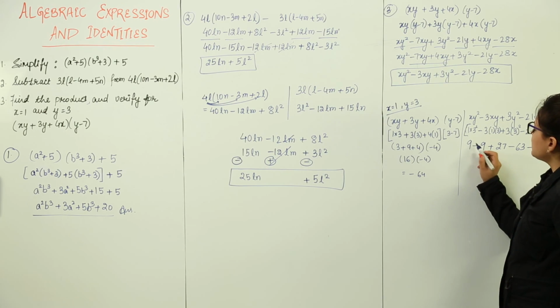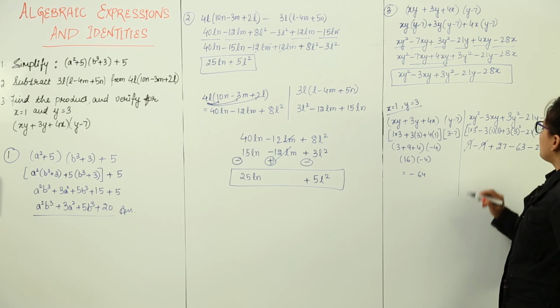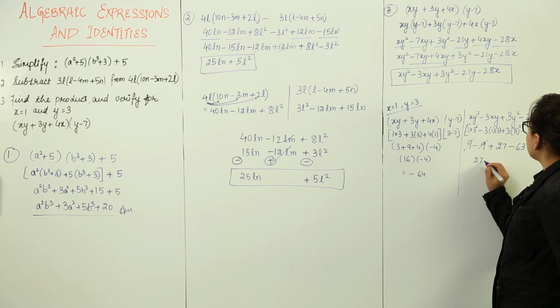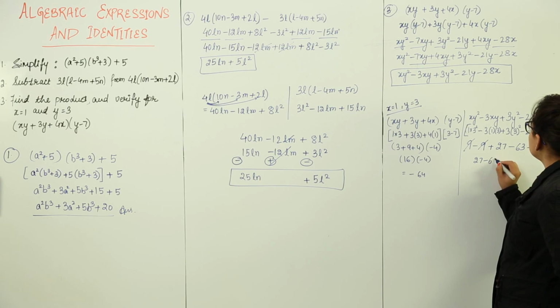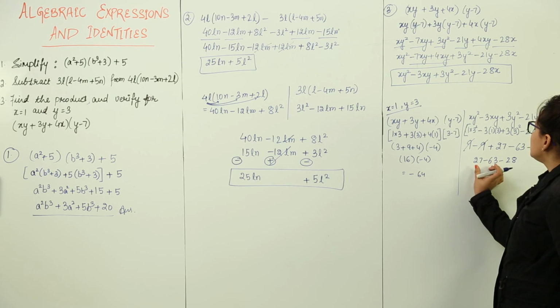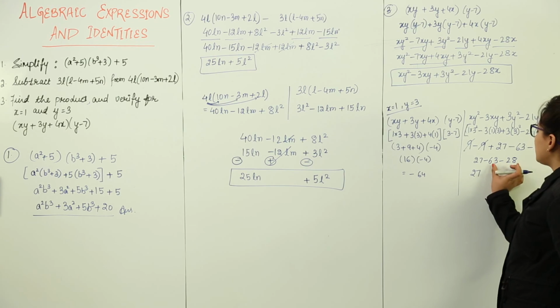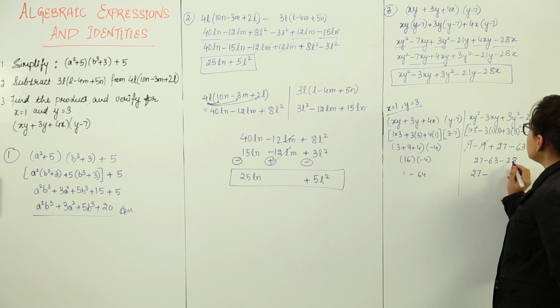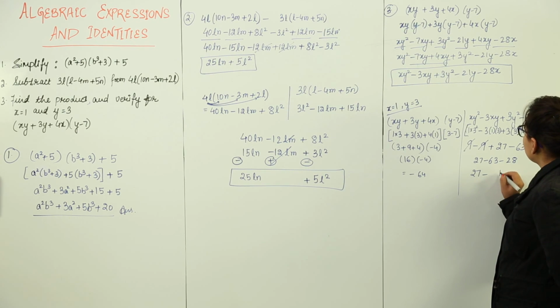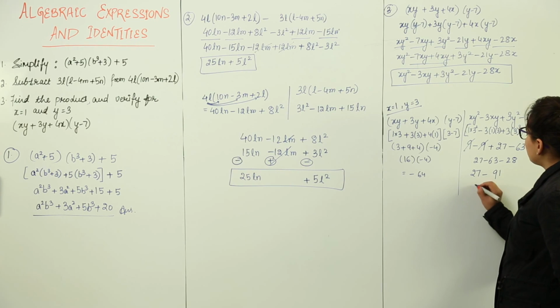Now this plus 9 and minus 9 gets cancelled. What are we left with? 27 minus 63 minus 28. Now what you can do is you can let the 27 remain as it is and add these both. What is 63 plus 28? 91. And what is the answer?